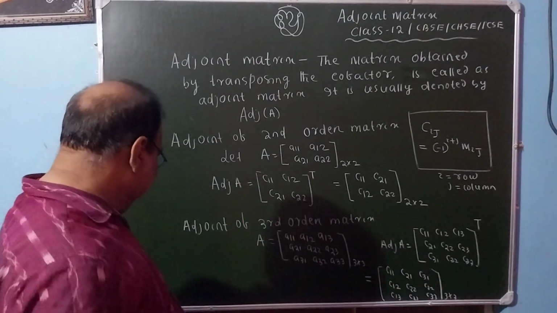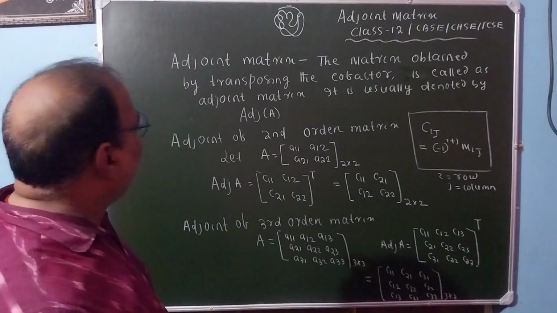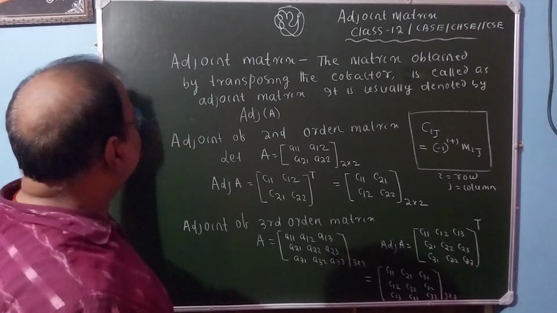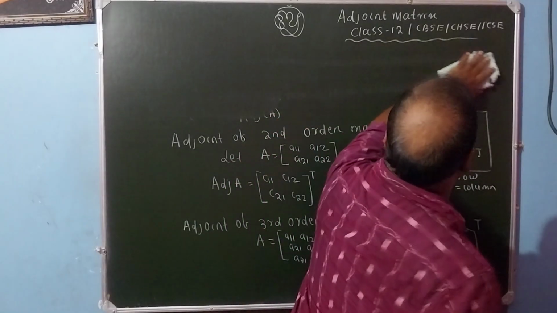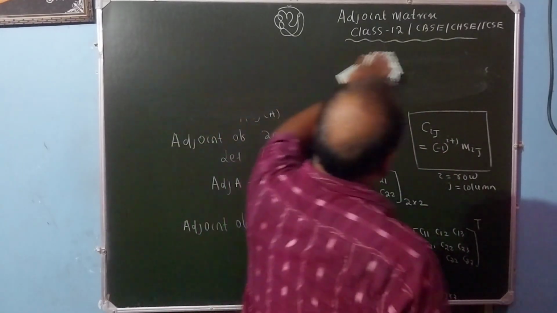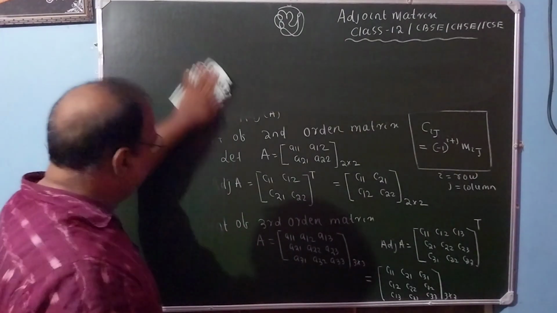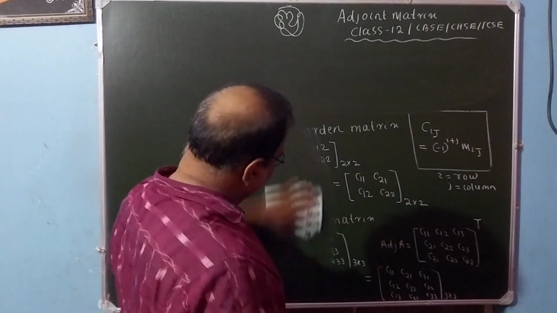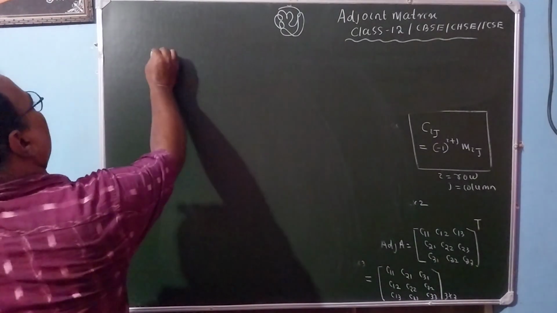Let us discuss one example. How can you find the adjoint matrix? First of all, we take one second order matrix, then we discuss one third order matrix. Write down one example.